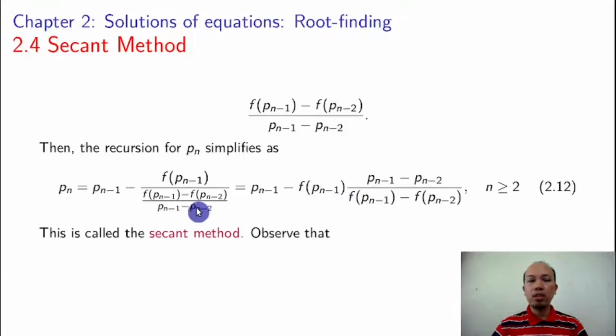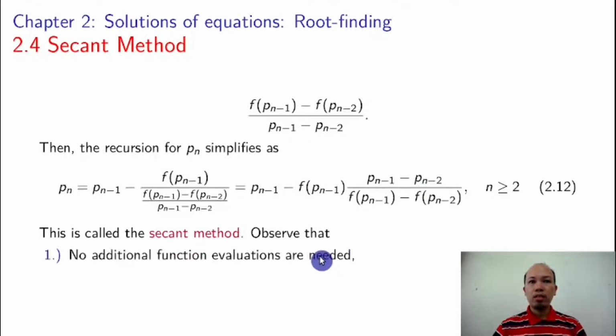So replace the first derivative in the denominator in the Newton's method formula by this one. After simplifying, you will have this formula for the second method.